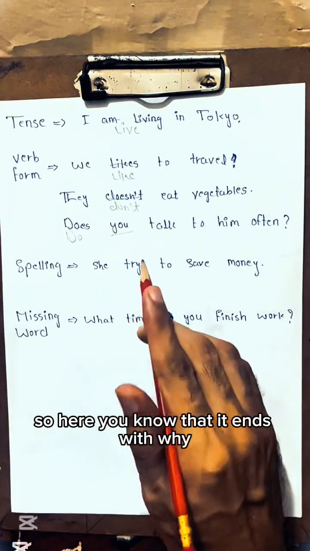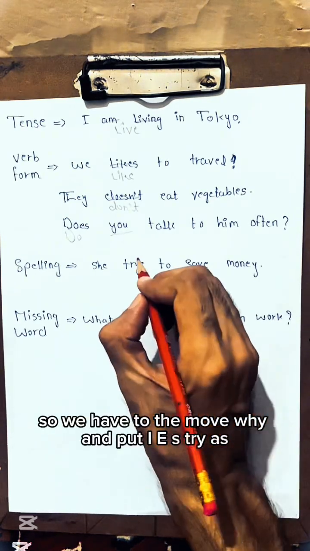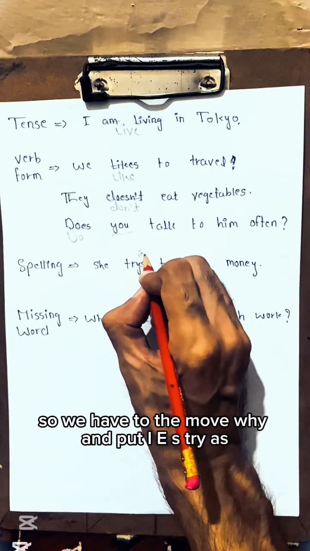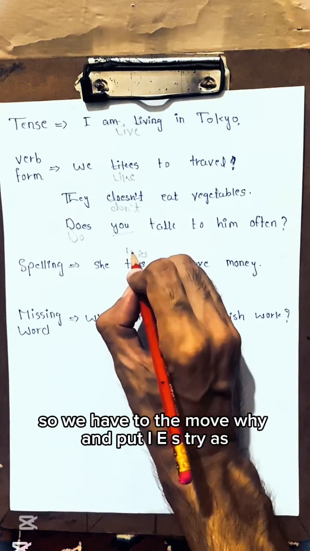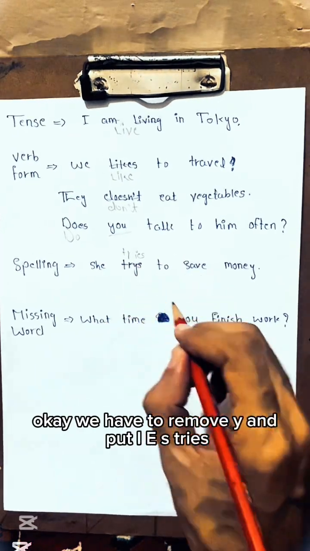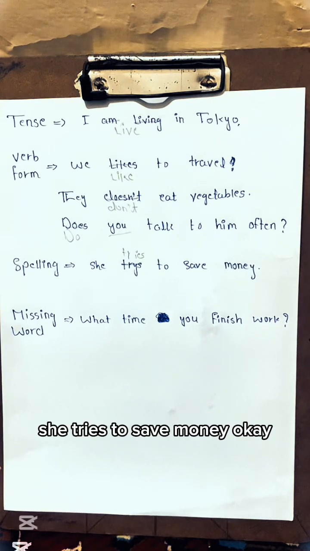Here you know that it ends with Y, so we have to remove Y and put IES: tries. She tries to save money.